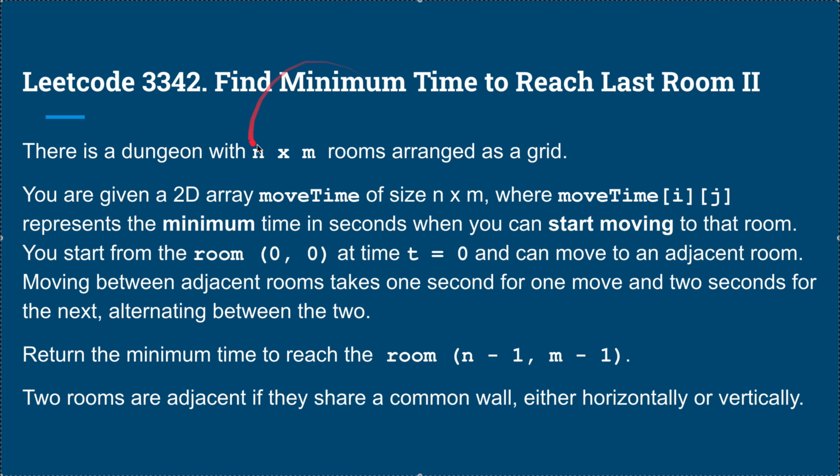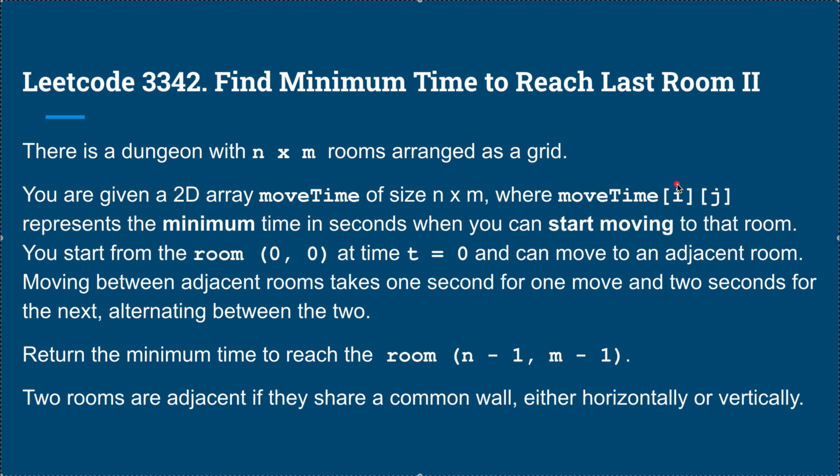Let me recap the problem statement. First of all, we are given n cross m rooms, called a dungeon or grid. Each room at (i, j) has a moveTime[i][j] that tells you the minimum time when you are allowed to move into that room.